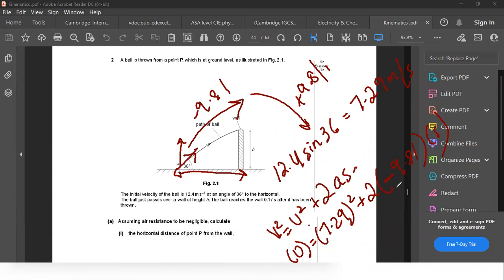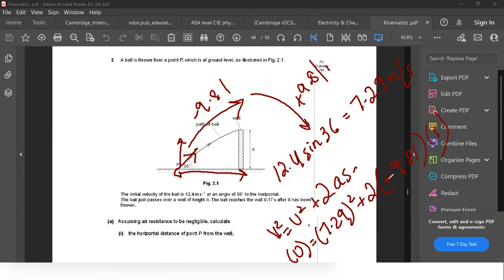Yeah, that's fine, but your answer is probably coming out incorrect because you're not taking negative 9.81. Just try it with the negative. You just rearrange the equation and you rearrange it completely fine. But try it with negative 9.81 and let me see if you're getting the same answer as what I'm getting. Okay, right. And negative this, right?